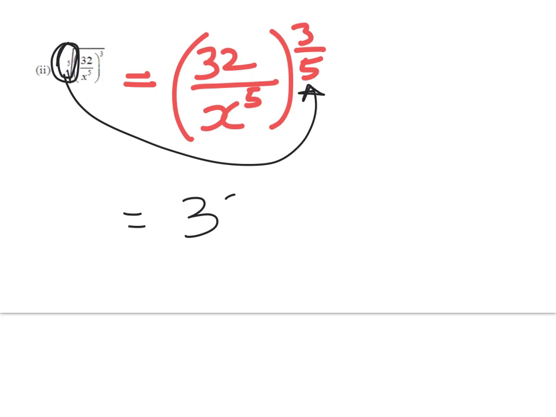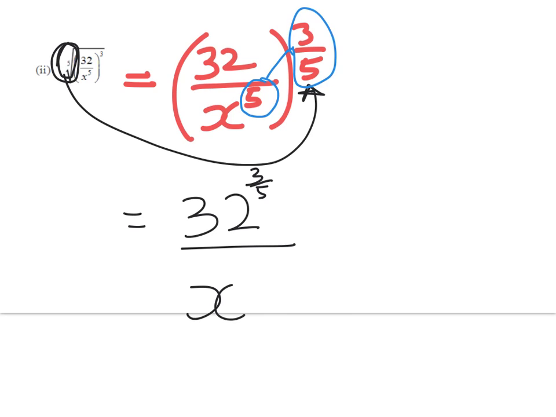Well, if we go really slowly, we've got 32 to the power of 3/5 divided by x to the power of 5 times 3/5. So that's going to be x to the power of 3, okay, or x cubed. Now let's take a slower look at this top line here.